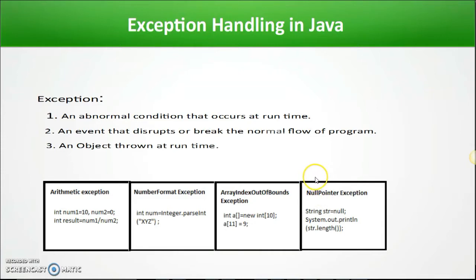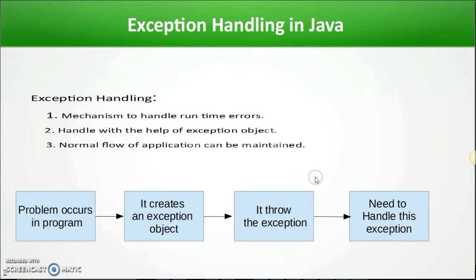So again, let's see what exception handling is. As we discussed earlier, exception handling is required for the normal flow of execution. If we don't want our code to break in the middle, we need to handle the exception object. Exception handling is a mechanism to handle runtime errors.